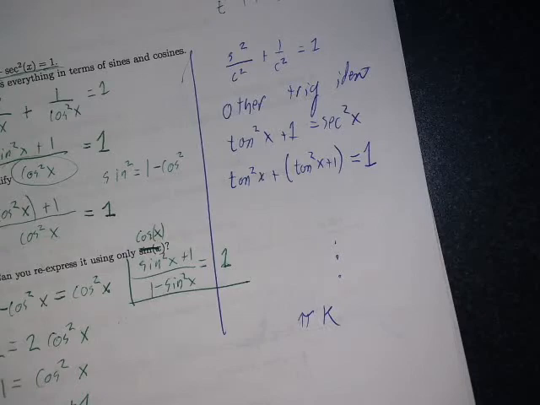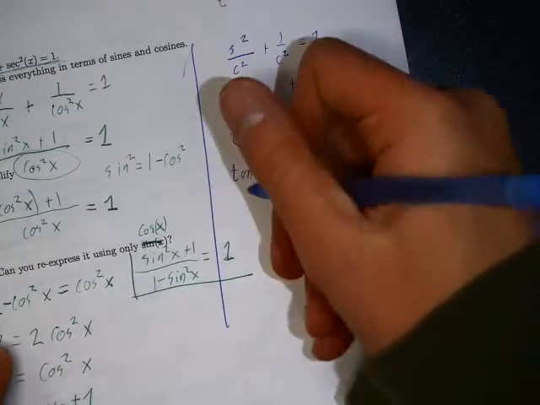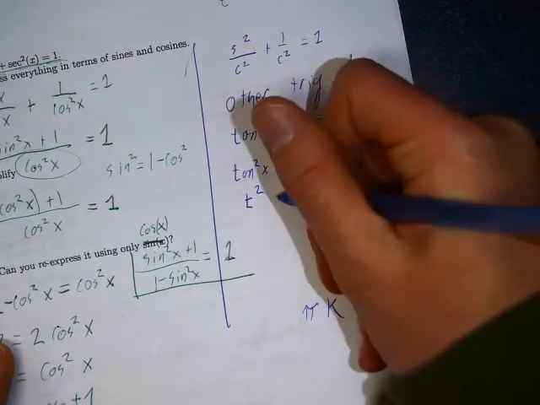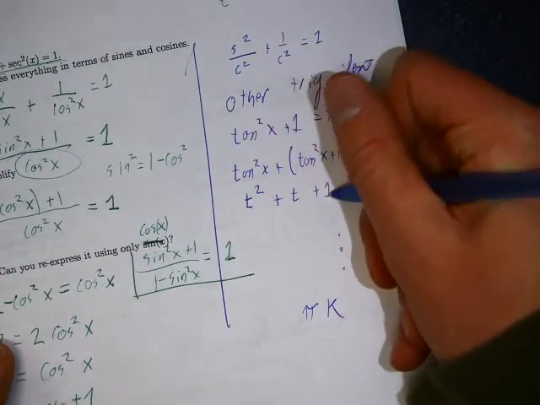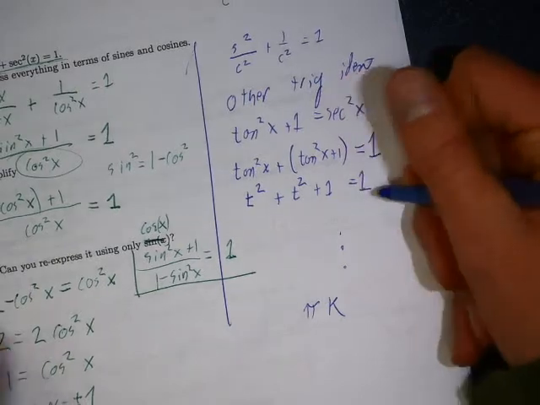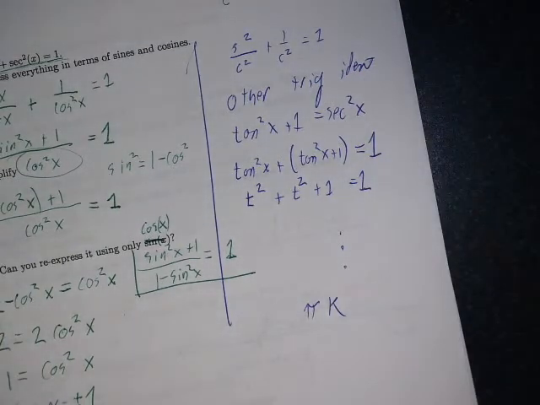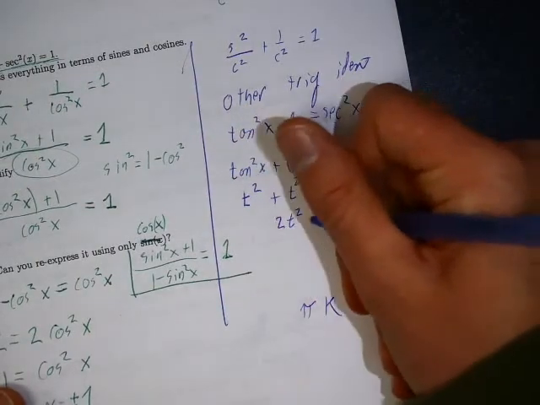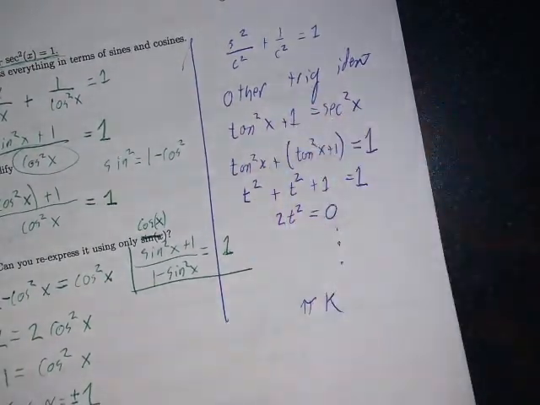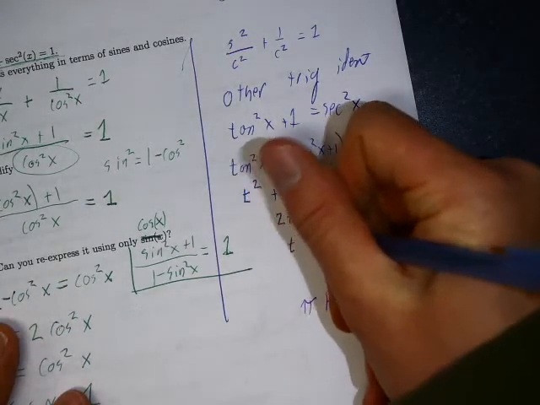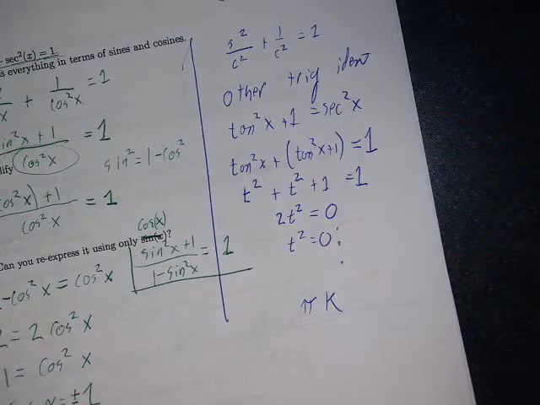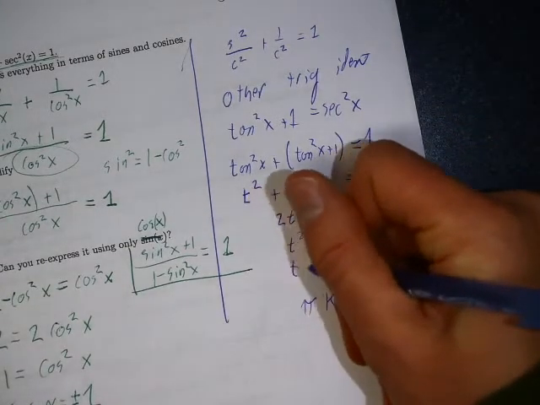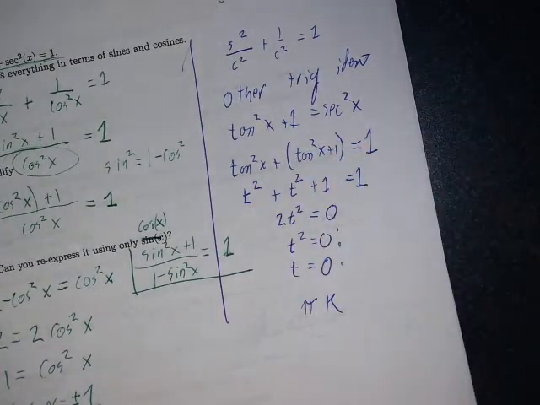I substituted tangent squared x with t. Good. And then I just added the t squared and subtracted 1 to the other side. And then I got 2. And square root. And this time you don't need a plus or minus because negative 0 is 0.